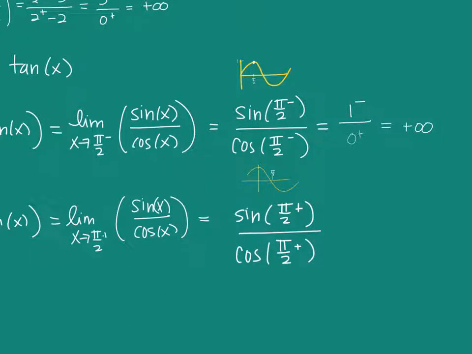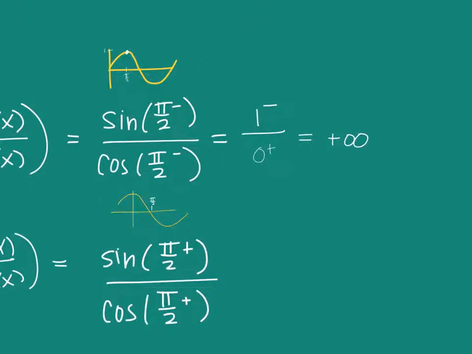So you could look at the graphs again. When you're just barely on the right side of pi halves, this sine value is starting to decrease, starting to go back down. So I'm close to 1, but what side of 1 am I on?